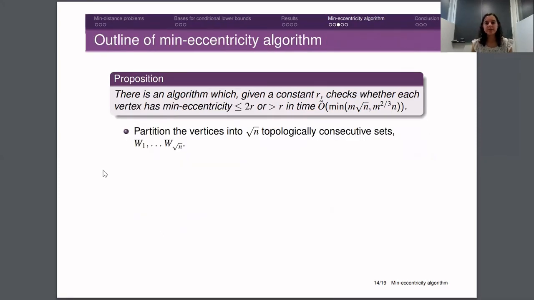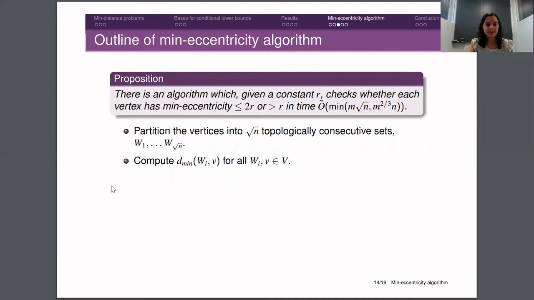So the part of the algorithm that is just checking for each vertex whether its min eccentricity is less than or equal to 2r or greater than r starts by partitioning the graph. So we have a topologically ordered DAG, and we're partitioning the graph into root n topologically consecutive sets.